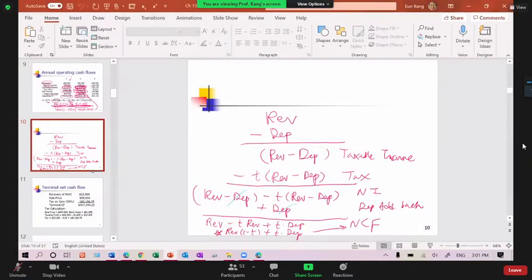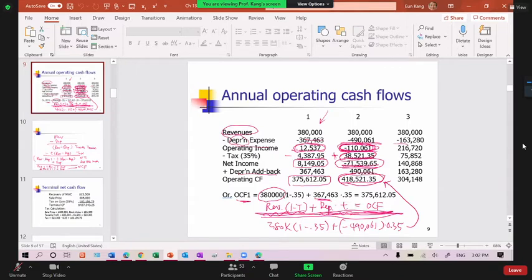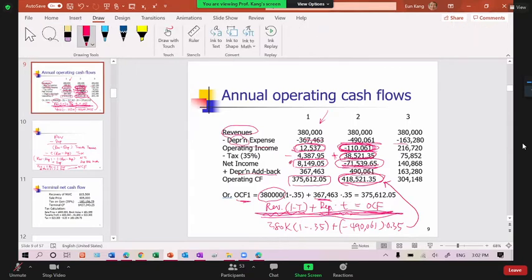Today we'll continue chapter 13. Last class, we talked about how to summarize or simplify the income statement part. We use the income statement to get net income, and net income plus depreciation is operating cash flow.